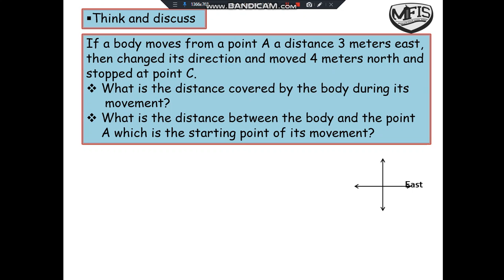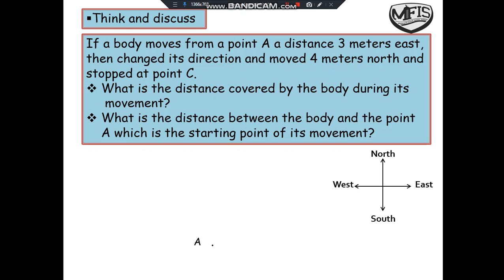So we have directions: east and west and north and south. So we have the horizontal line east and west and the vertical line north and south.